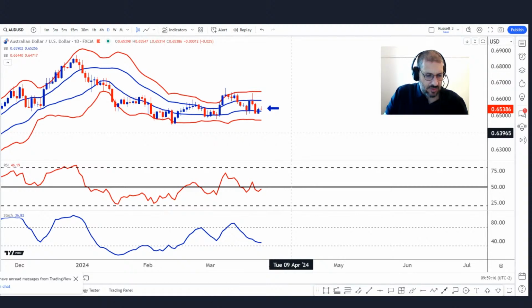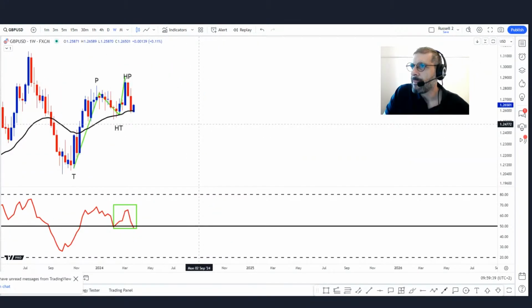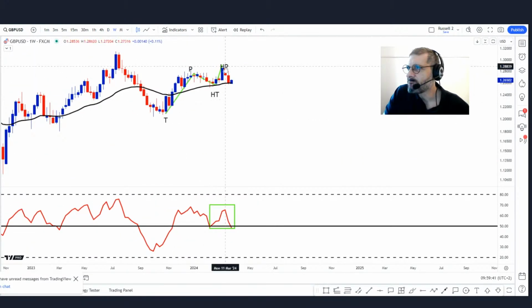All right, let's take a look at GBP USD. Again, it's right on this 30-week exponential moving average.